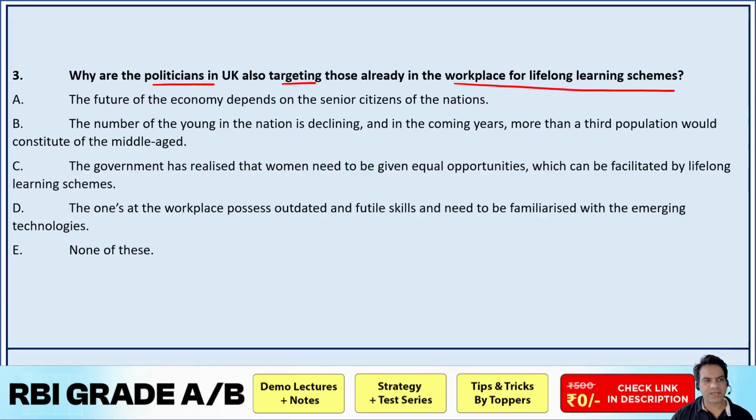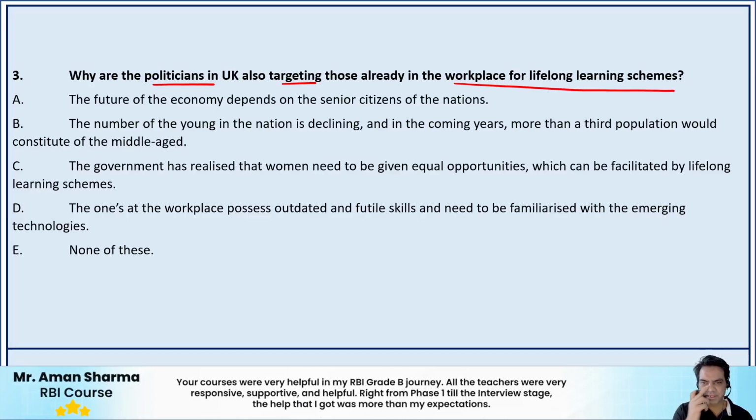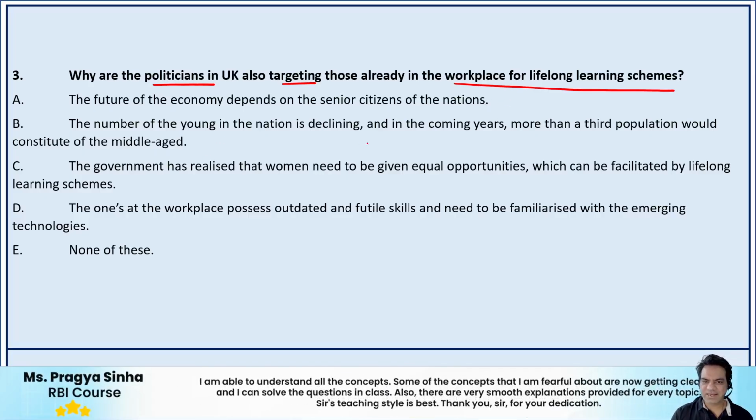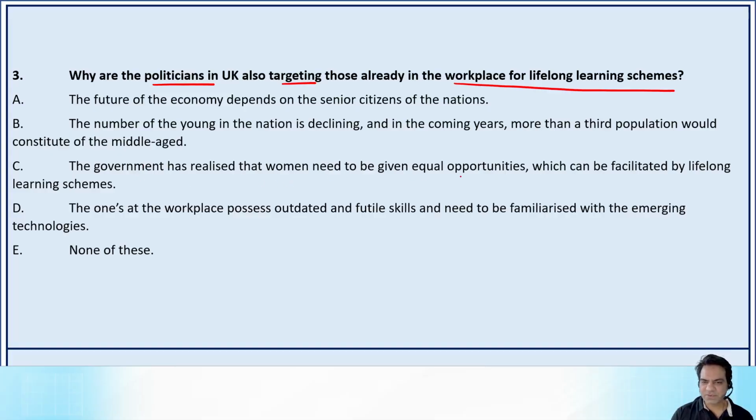Next question, guys. Why are the politicians in UK also targeting those already in the workplace for lifelong learning schemes? The future of economy depends on the senior citizens of the nation. The number of young in the nation is declining, and in the coming years, more than a third population would constitute the middle-aged. Yes, that's the right answer. The government has realized that women need to be given equal opportunities.